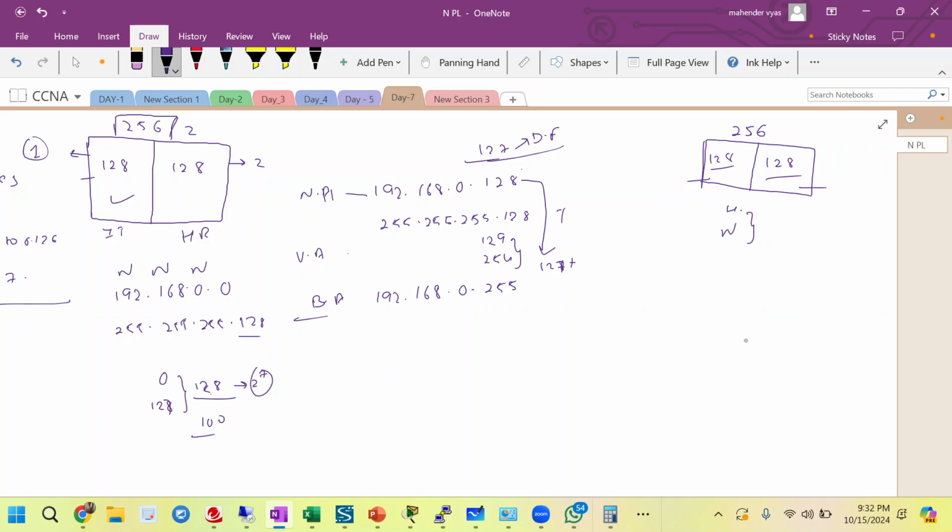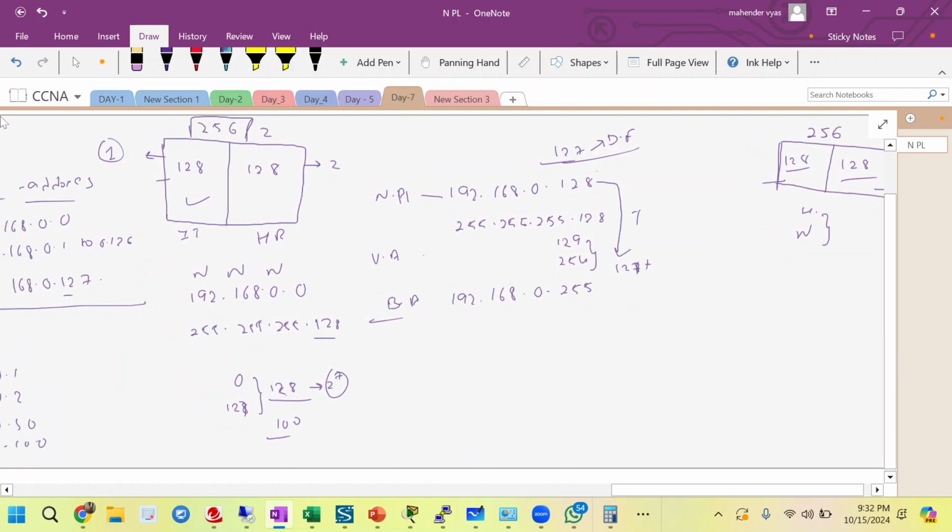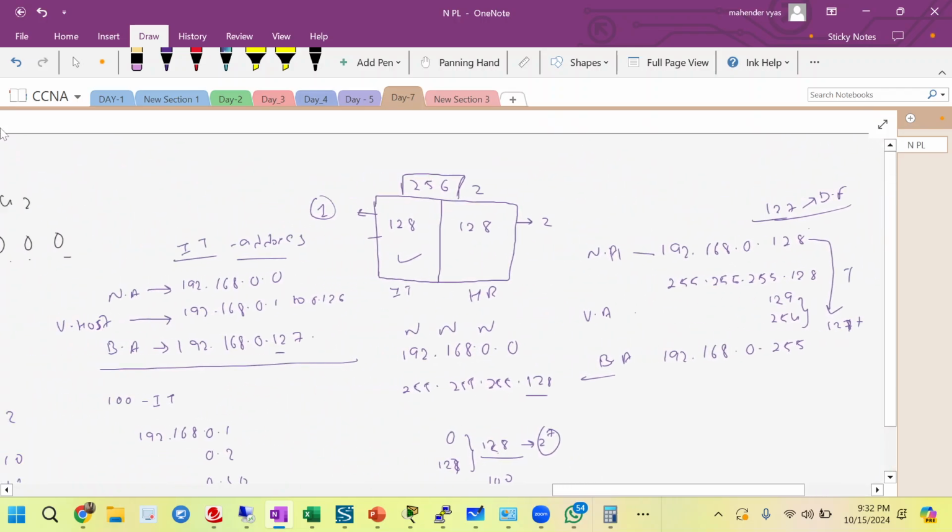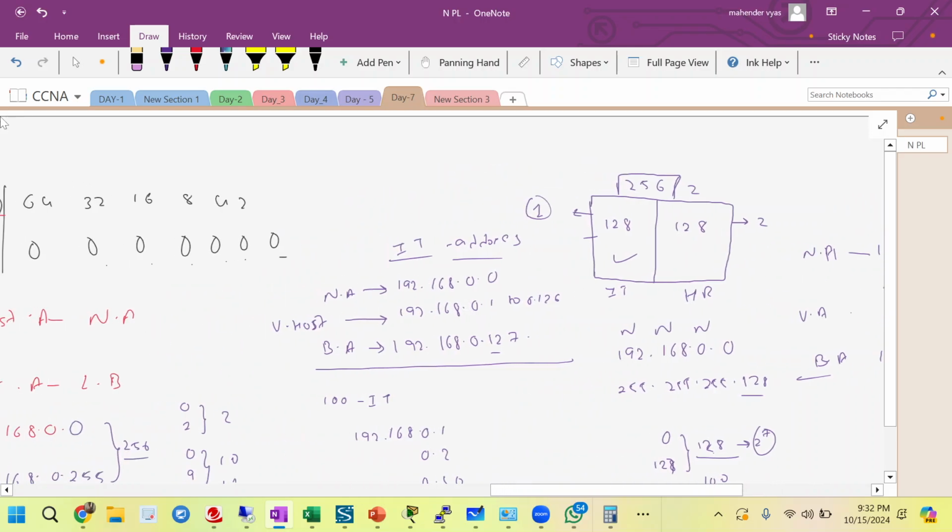Okay, fine. Now let's do a couple of examples. Whenever we do this type of subnetting, there are two ways. One is FLSM, one is VLSM. I'll explain both of these. Let's delete all this now.